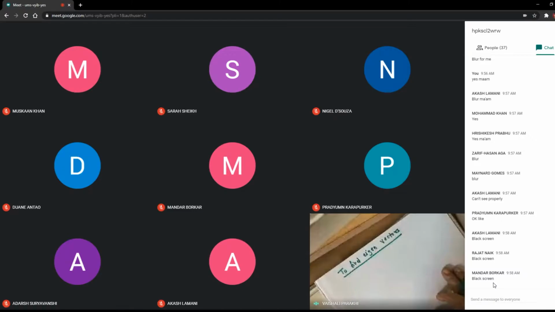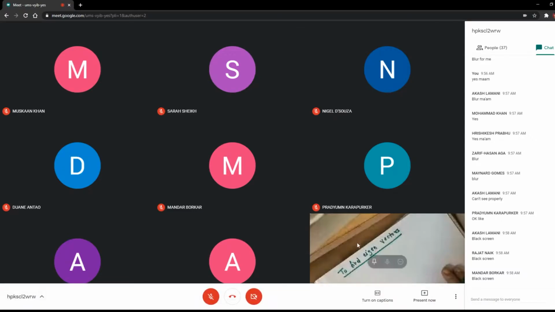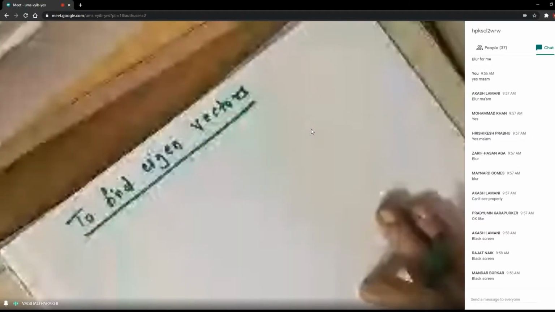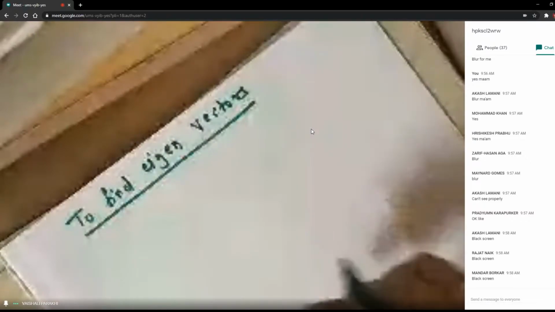Find the eigenvectors. I'm going to give you steps. Okay. So this is the extension of your eigenvalues. Now the first step is like this, students.